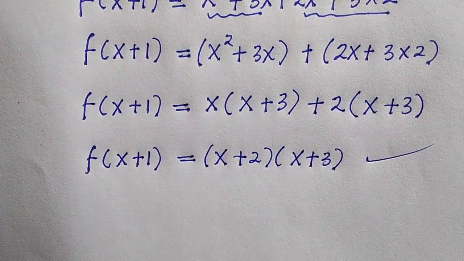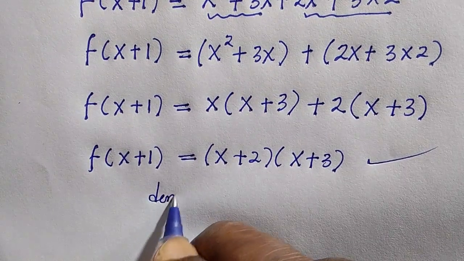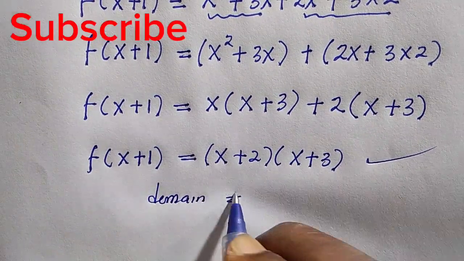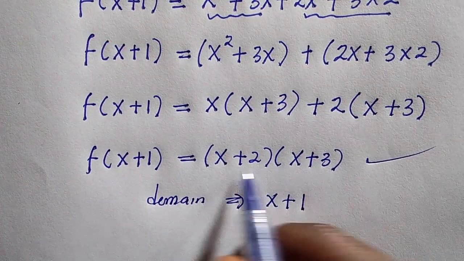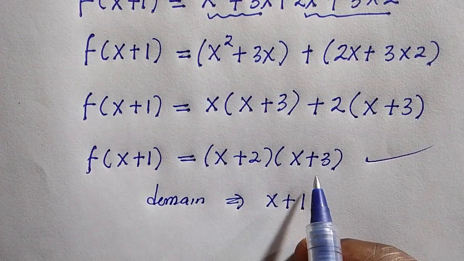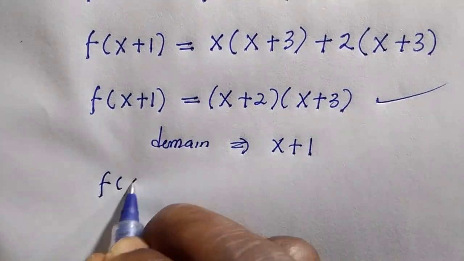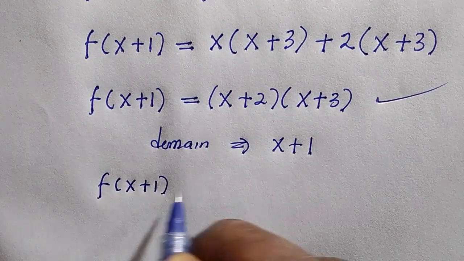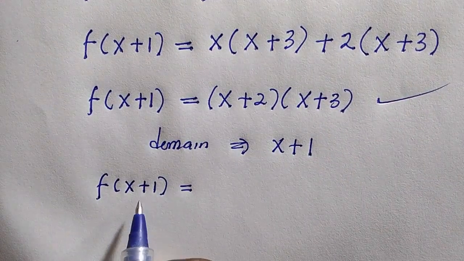But the question here is, in this we have a domain called x plus 1. So our domain is x plus 1, but here there is nothing looking similar to this domain, and we have to make it equal. So to do that, we are going to use what we call the form manipulation method, as we make sure we express this in this domain.